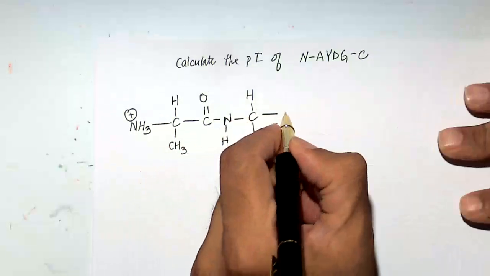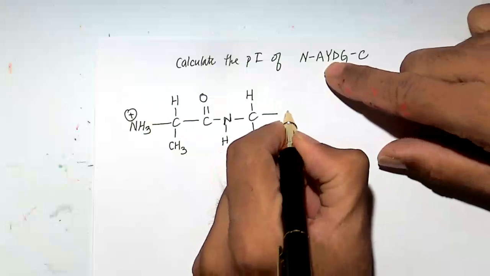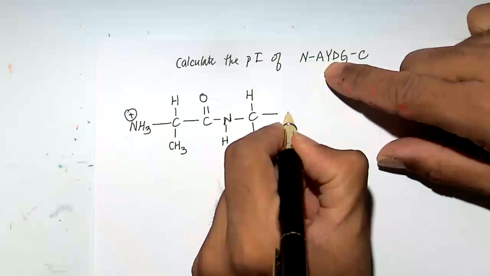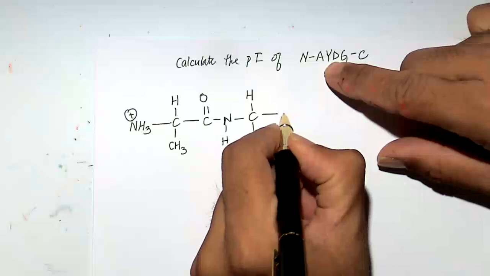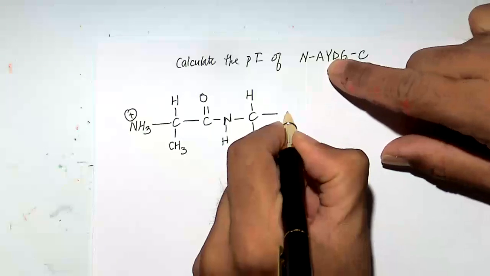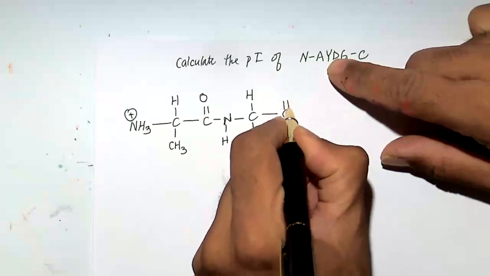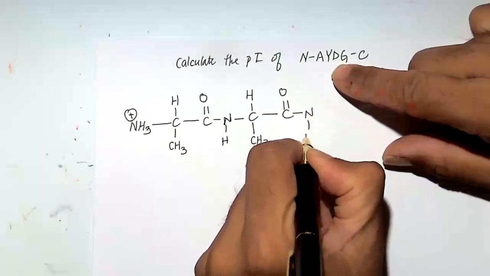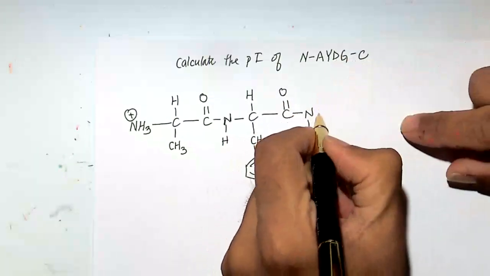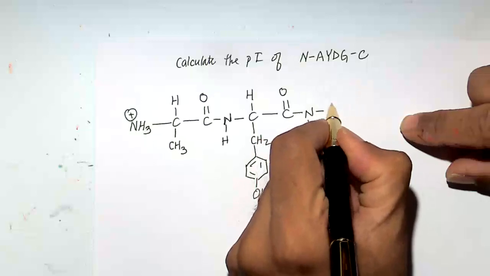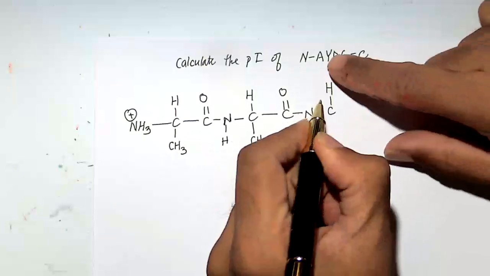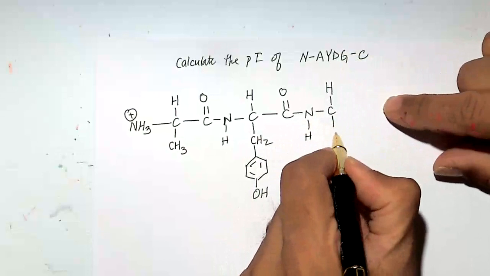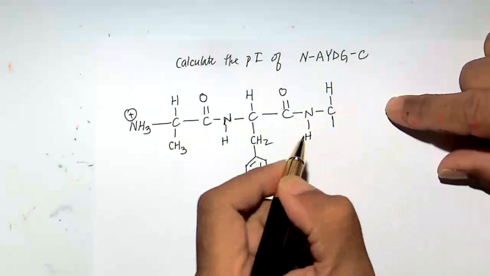We have the alpha carbon. Now what's next? C double bond O, the former C carboxyl end of tyrosine, but it's formed what type of bond with D? Peptide bond with amino acid D. So we have the alpha carbon and the side chain of D.